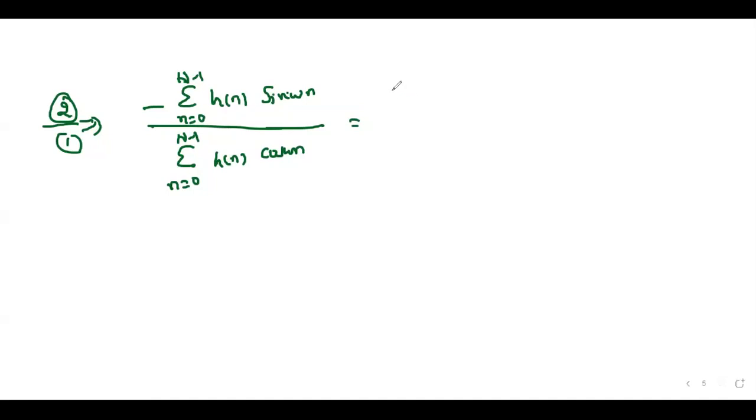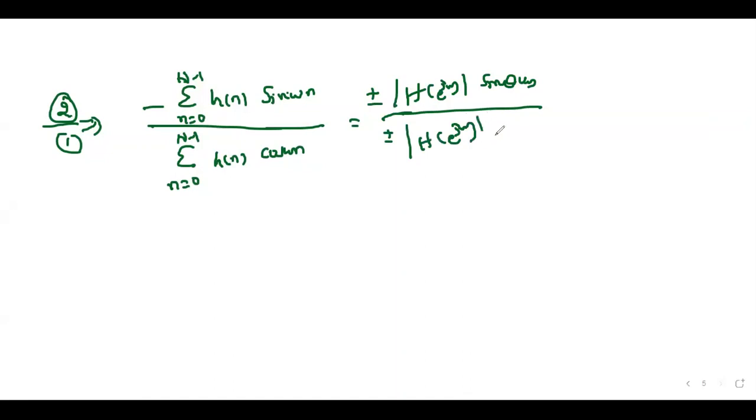RHS side we have sine theta of omega. Sorry, mod is there, but mod will be cancelled. Anyhow, I'll write that step also. So here it was mod H of e power j omega into sine theta of omega divided by, of course, plus or minus mod H of e power j omega into cos theta of omega.